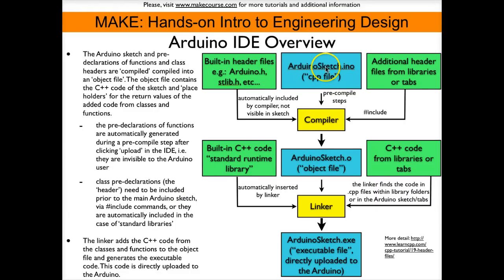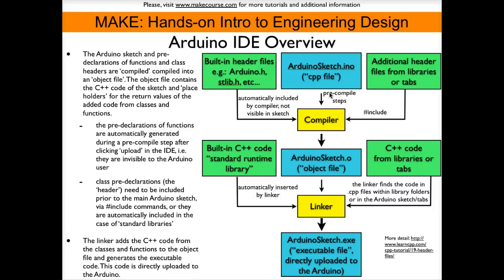So here you have your sketch in standard C++. This would be a C++ file. And the Arduino IDE then goes through a pre-compile step where it does a few things to simplify things on the user end. So there are a few steps being performed in the background. One doesn't really see that.